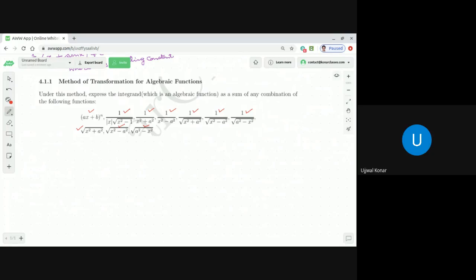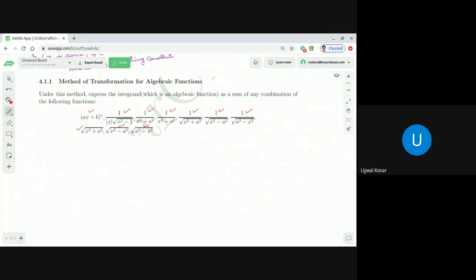Why so? Because for all of these, whatever you see, I make a tick mark in red. For each of these, we have a standard formula. If you go for integration of x square root of x square minus a square, there is a standard formula.